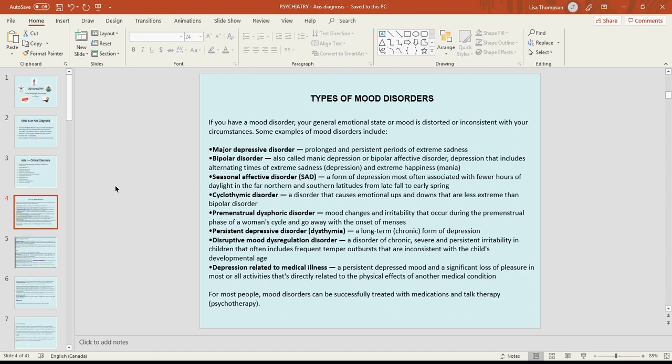Depression related to medical illness: a persistent depressed mood and a significant loss of pleasure in most or all activities that's directly related to the physical effects of another medical condition. For most people, mood disorders can be successfully treated with medication and talk therapy. So in other words, psychotherapy.